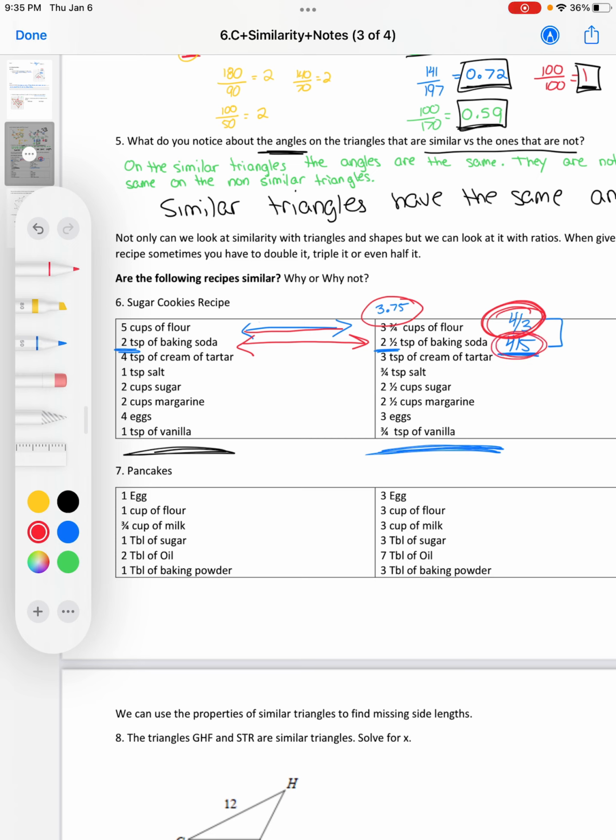So remember how I did that was I just took the 5 right here and divided it by 3.75 to find the difference, okay? That's all I did, is I wanted to find the difference between these two. Then we took the 2 and divided it by 2.5 to find the difference. And these values are different, okay? So no, it is not similar.